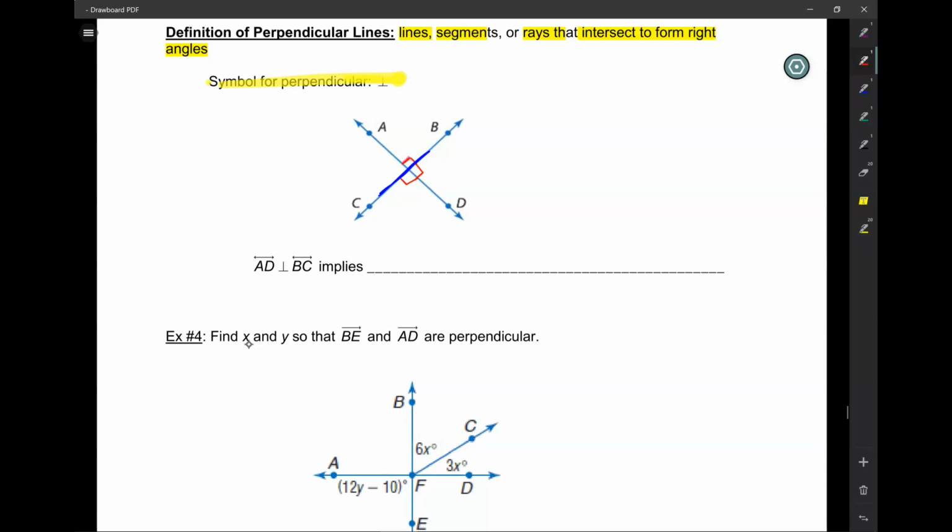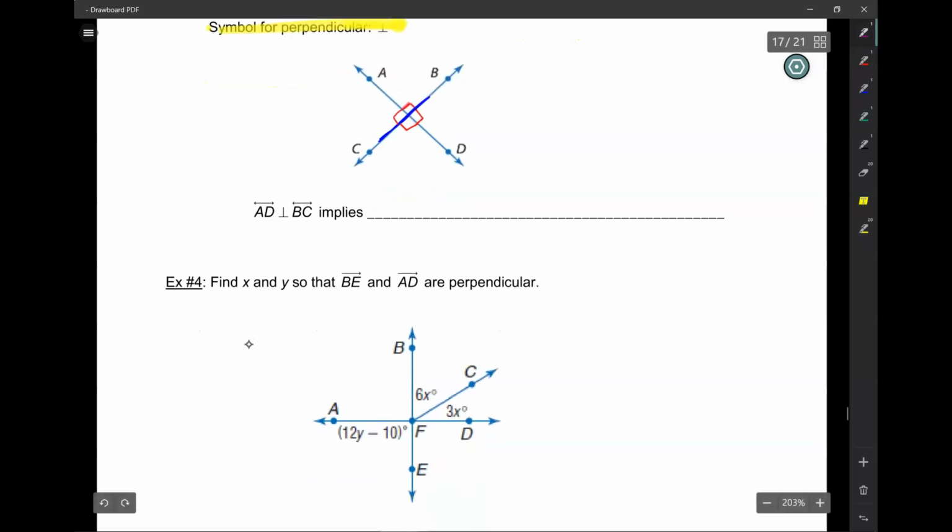And then so should the other one. So it's 90 all around, 360.